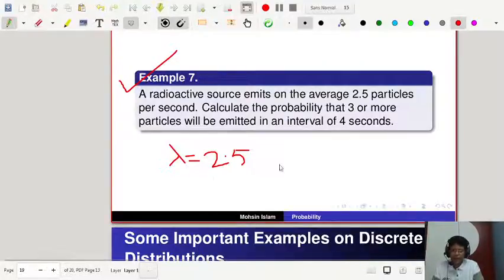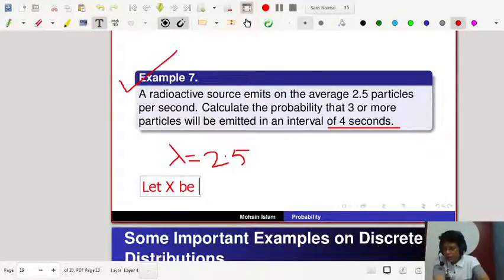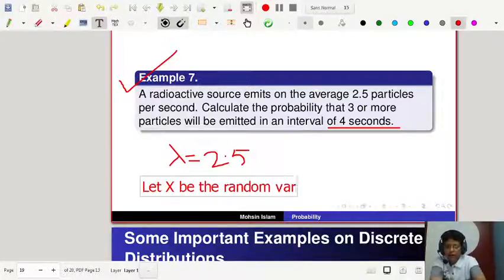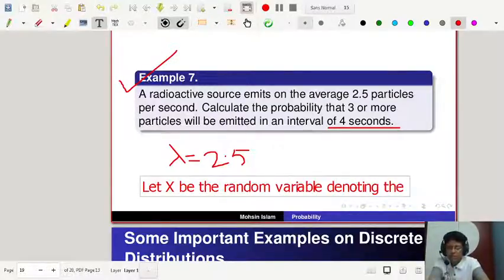Let X be the random variable denoting the number of particles emitted in the interval. Calculate the probability that 3 or more particles will be emitted in an interval of 4 seconds. So here you can write: let X be the random variable denoting the number of particles emitted in the interval.